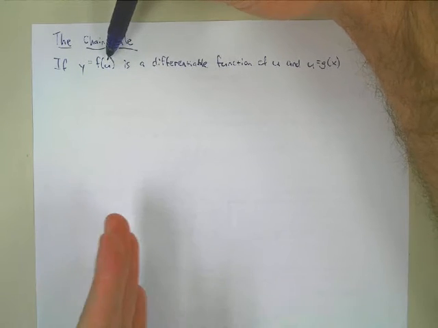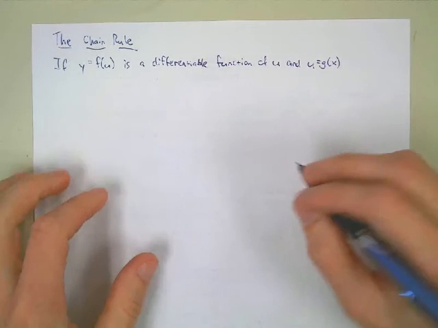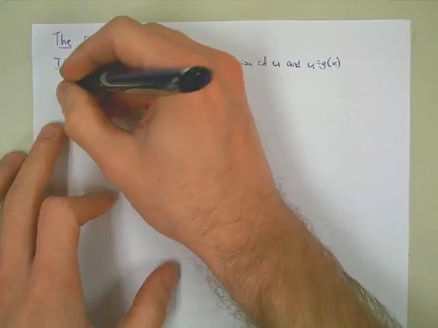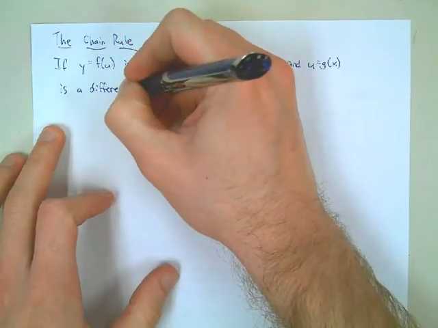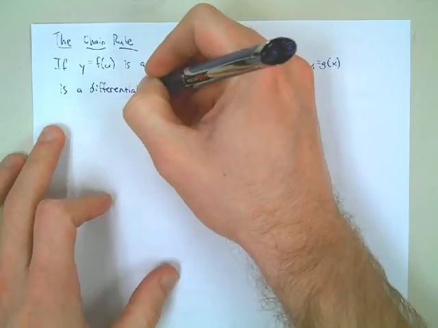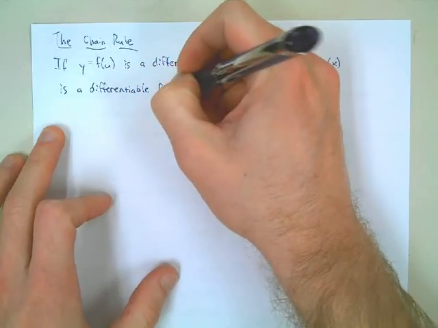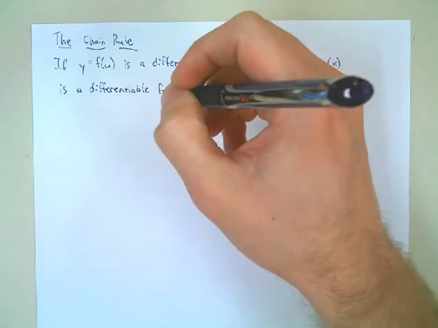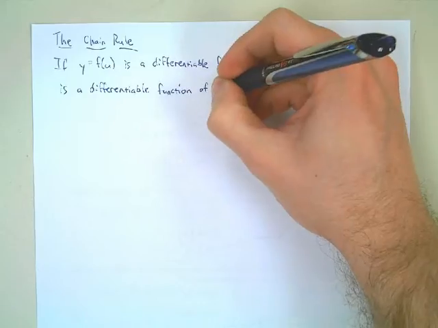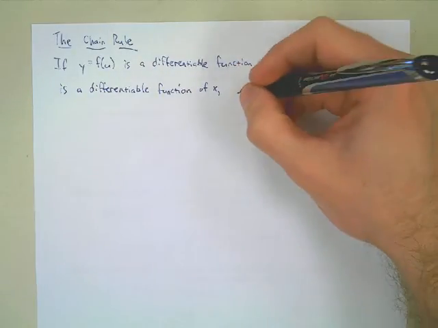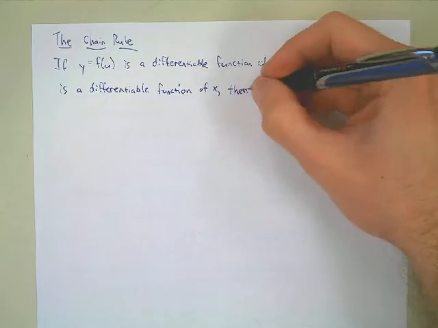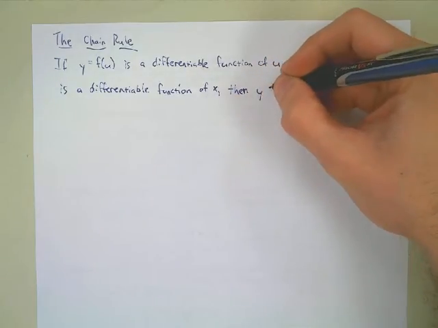Okay. So, and u equals g of x is also a differentiable function of x. Then y equals f of g of x.